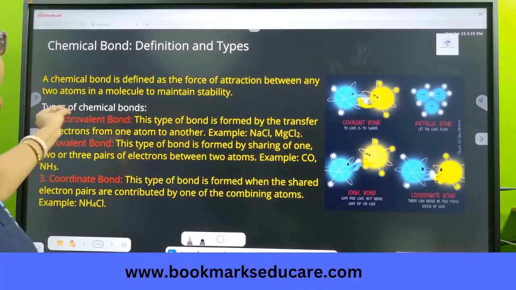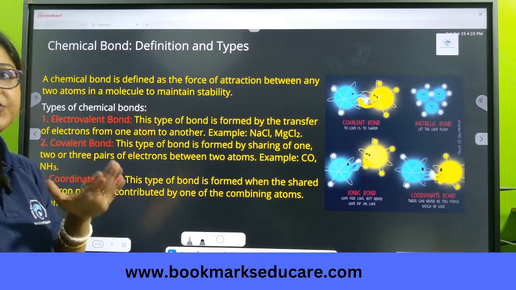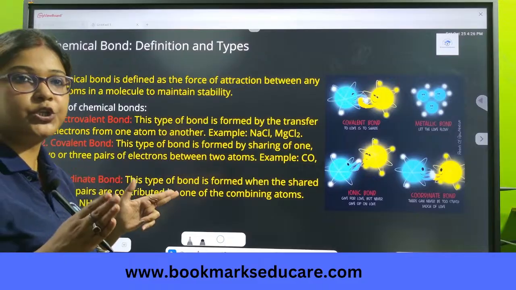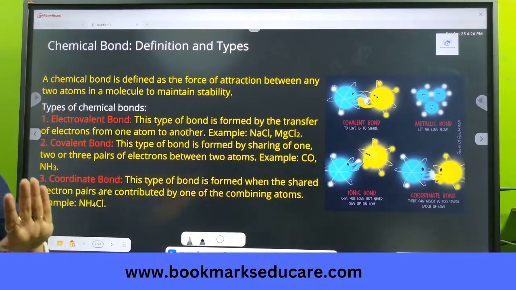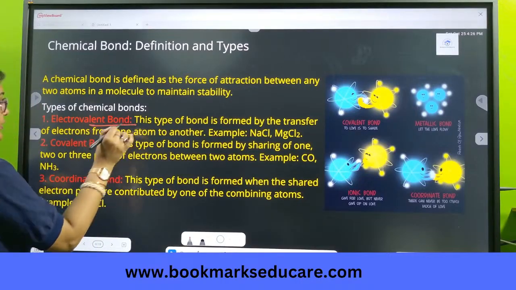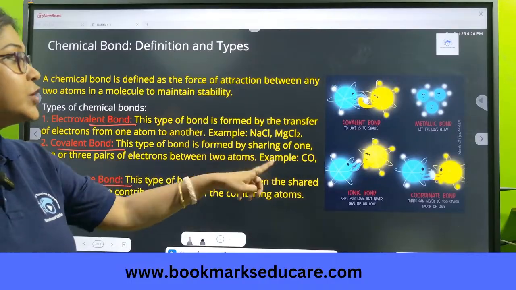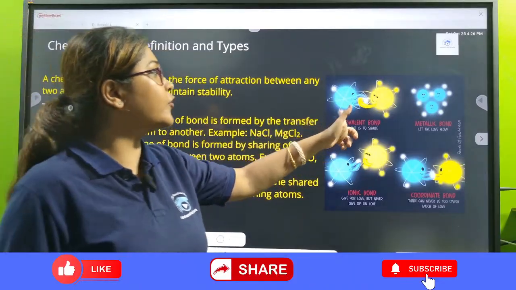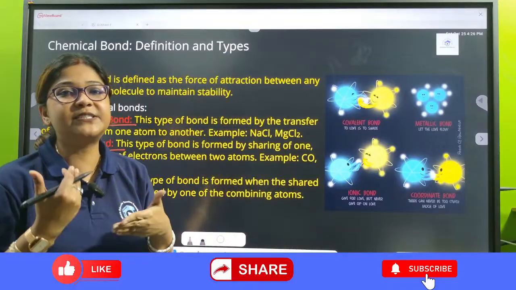So what is the definition? Quick recapitulation: it is defined as the force of attraction that acts between any two atoms in a molecule in order to gain stability. Now there are three types of bonds. What are they? They are electrovalent bond, covalent bond and coordinate bond. Here you see a typical cartoon-like picture. In the case of covalent bond, mutually the love is being shared.